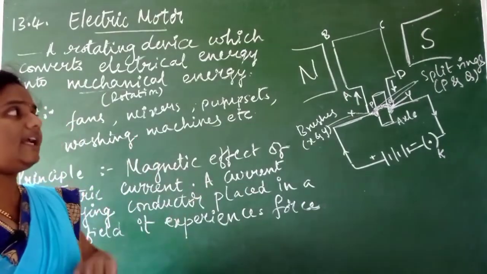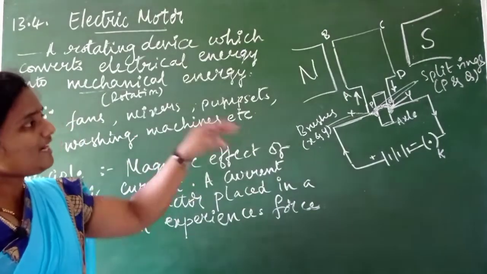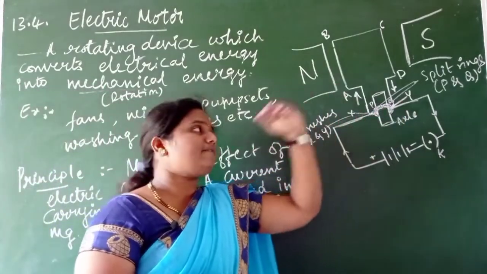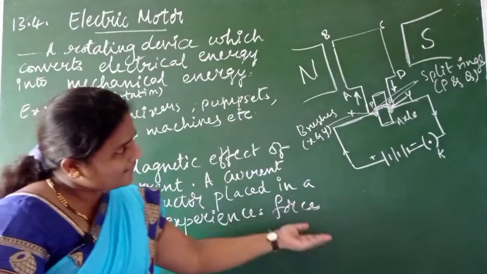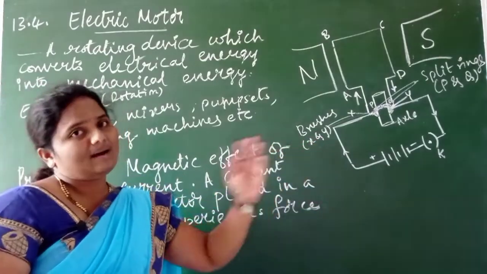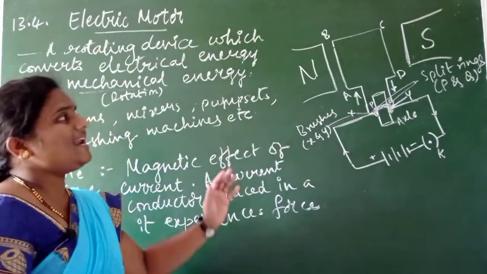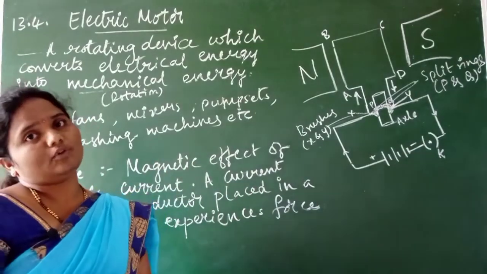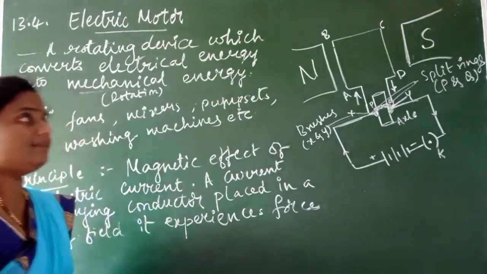Then we have taken an axle, upon it, isn't it children, split rings we have used, and a battery we have taken, then a plug key. So in detail, now we will see how the construction of an electric motor takes place.